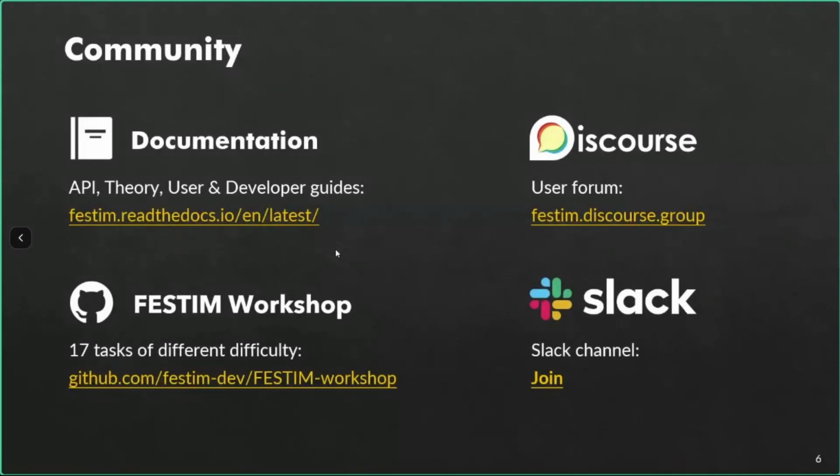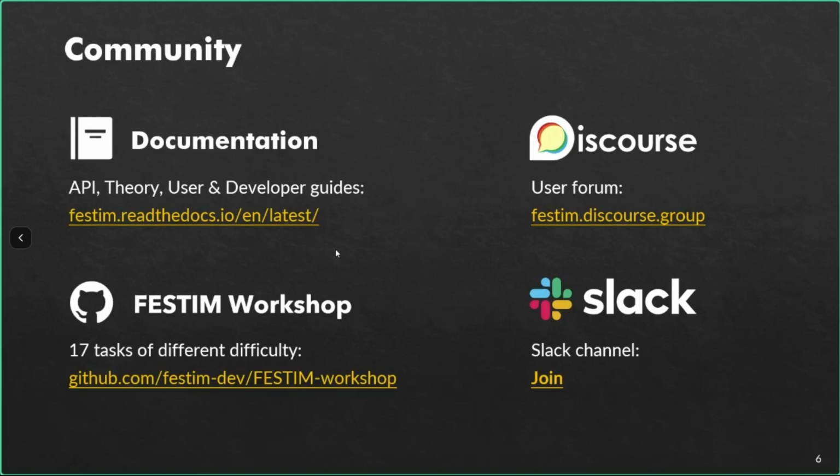Another important part of FESTIM is its community, and for the users there is complete documentation about different parts of the code, as well as guides for the users and the developers. For user support, there are two possibilities, namely the Discourse forum and the Slack channel.